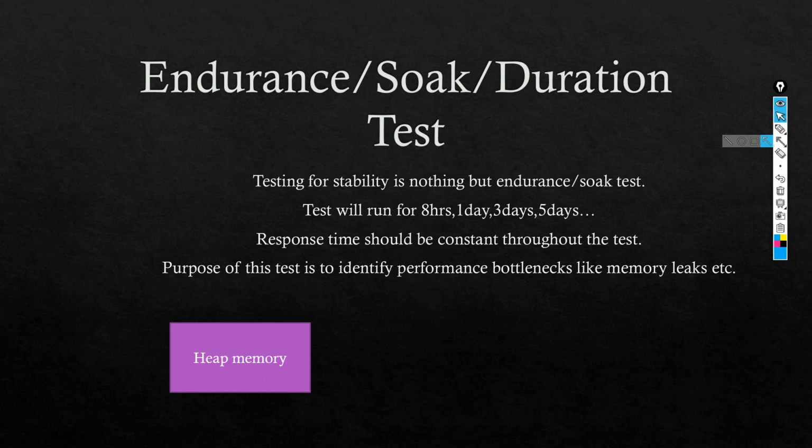Whenever a developer, while writing the code, develops code, he creates classes, and he creates objects for those classes. When he creates objects for those classes, some amount of memory will be allocated in the heap memory for that object.